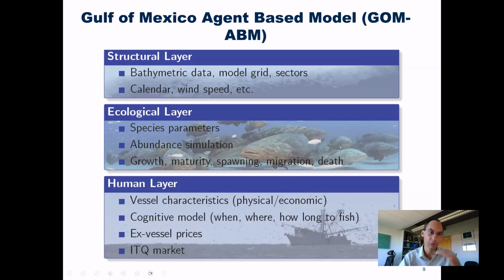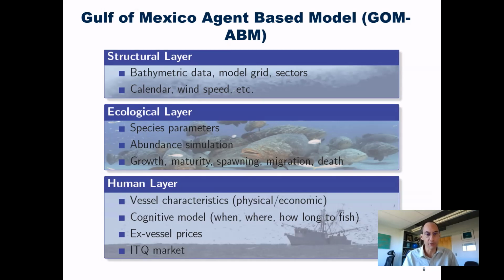There are several layers to the model. There's a structural layer where things like bathymetric data are stored. Space is divided up into different grids and sectors. You have things like state conditions, a calendar, things like wind speed and fuel price that are important to decision making. Those are all contained in the structural layer.